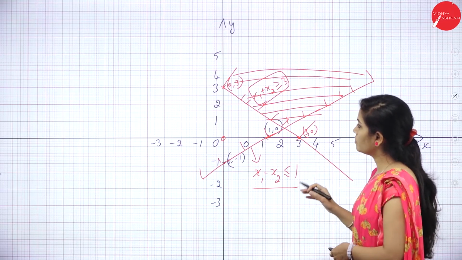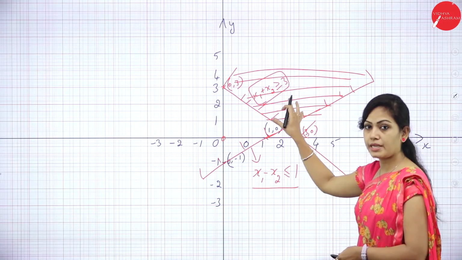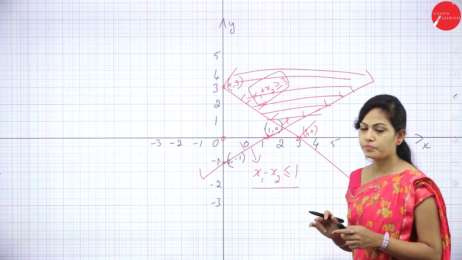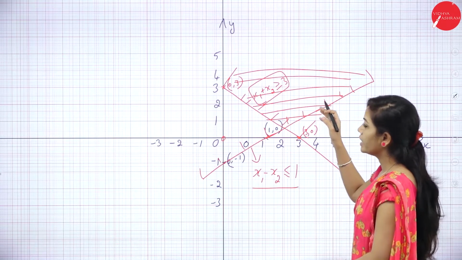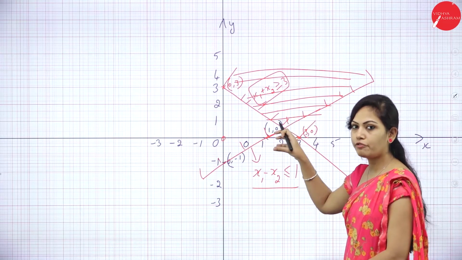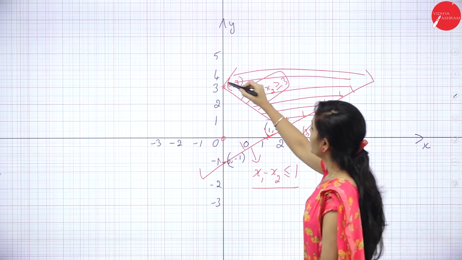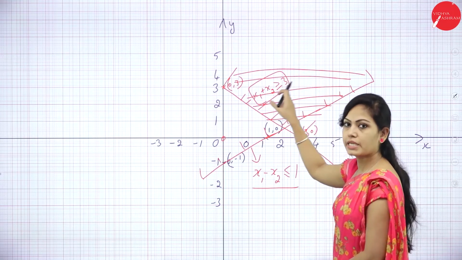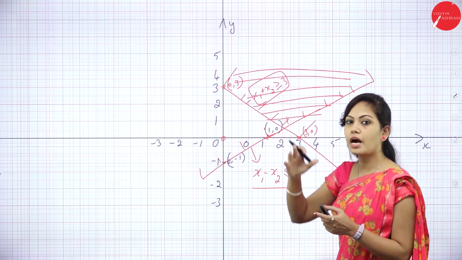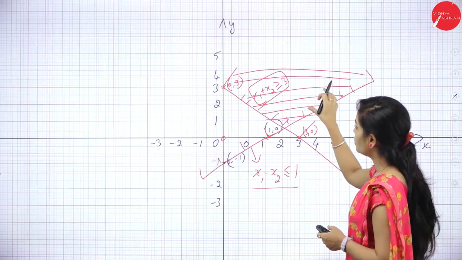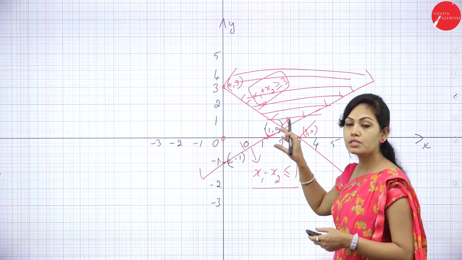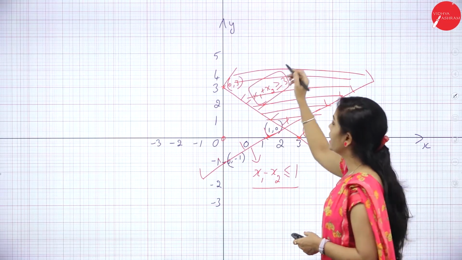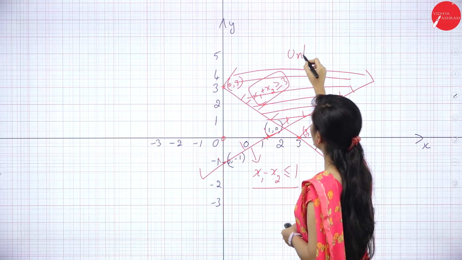This case is known as an unbounded solution: a situation where the objective function is infinite. There is no boundary for this region, so we call it an unbounded region. In this problem the objective function is infinite, so we call it an unbounded solution.